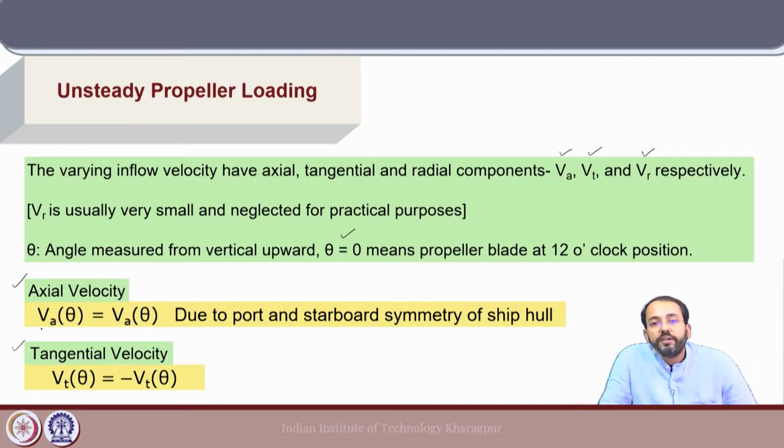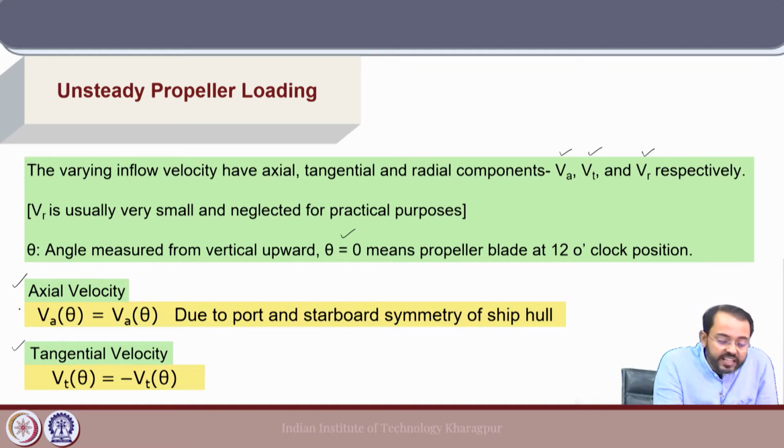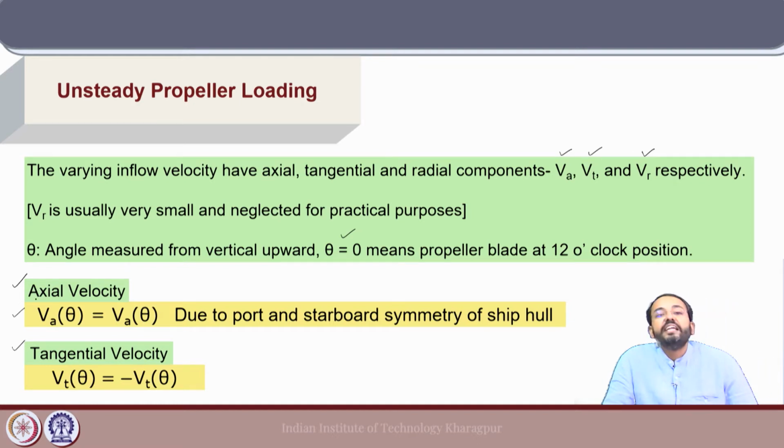Now, because of the port starboard symmetry of the ship hull, the axial velocity will be an even function of theta. So, it will be the same on either side due to the port and starboard symmetry, whereas due to the rotation of the propeller in a particular direction, the tangential velocity will be an odd function of theta.